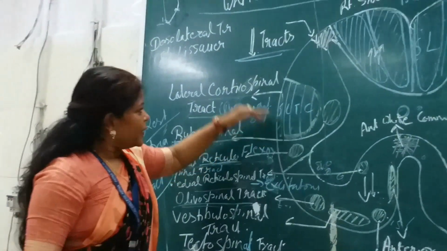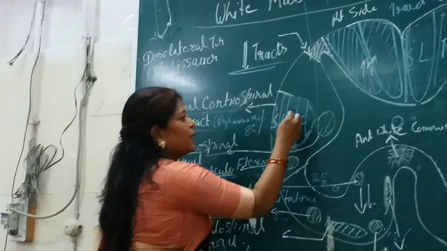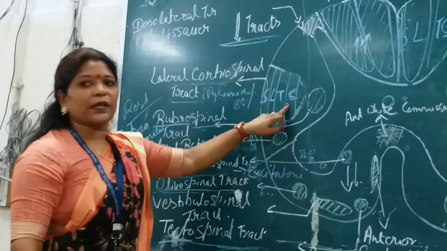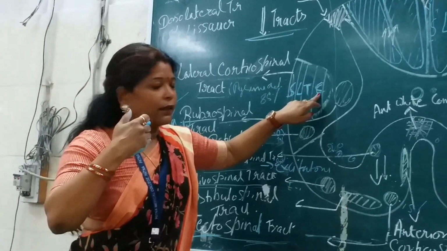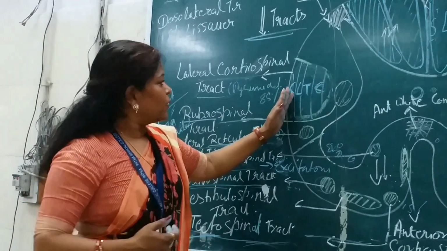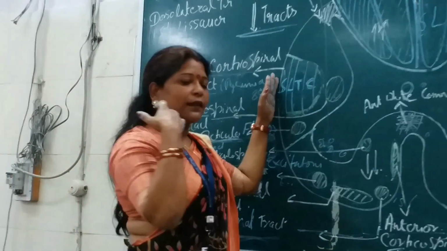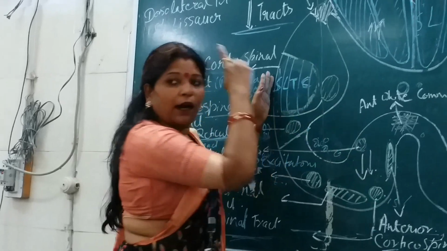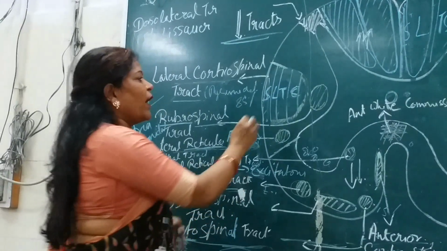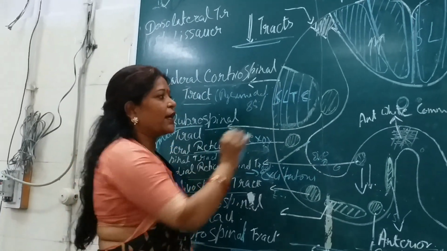In this descending tract, the fibers for the cervical region, the neck area, are on the medial aspect, and the sacral region, the leg area, is on the lateral aspect. So why is there importance of knowing all these types of patterns? It is very important.